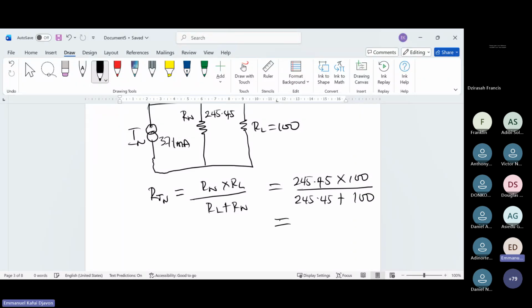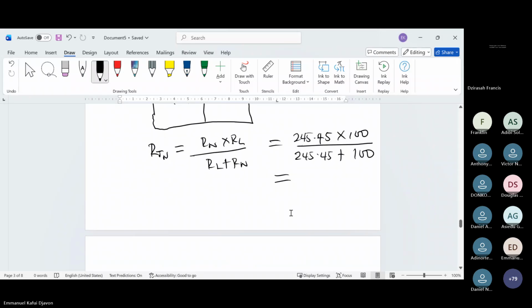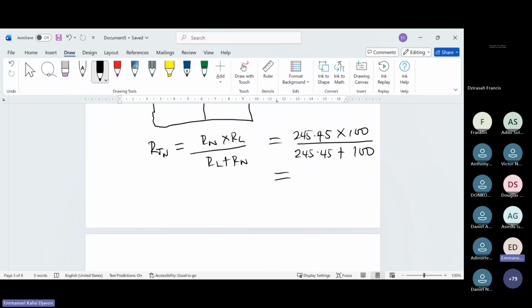That will give me what? Calculators. 71.05. Are you sure? Yes, 71.05. So you get 71.05 ohms.